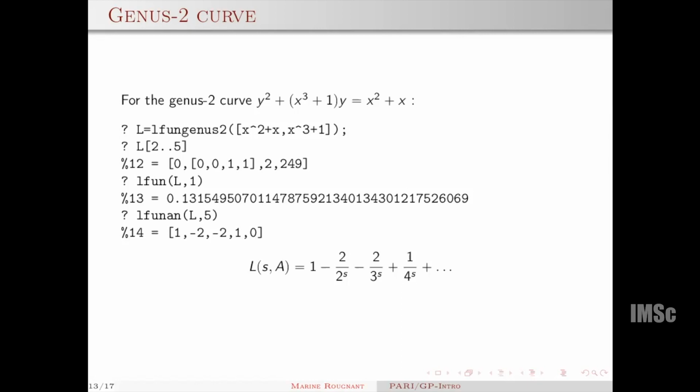Then you know that your functional equation relates the value at s and the value at 2 minus s, and this is your conjecture. You can evaluate it at some point in the same way as before, and you can get the first coefficients of the L function as before. So here we know that this L function will be 1 minus 2 over 2 to the s minus 2 over 3 to the s plus 1 over 4 to the s plus 0 over 5 to the s.